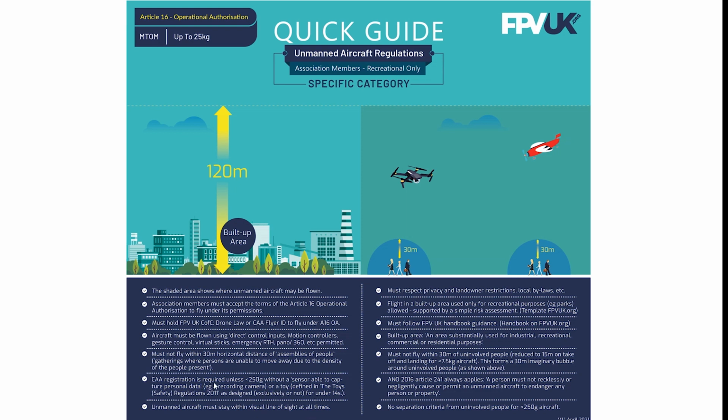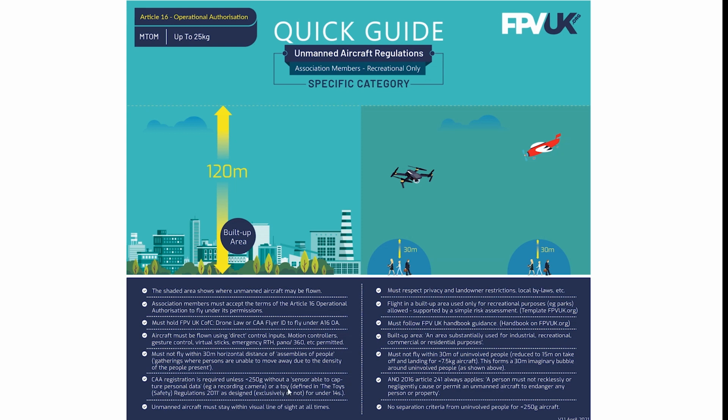This is about registration. CAA registration is required unless the aircraft is sub 250 without a sensor able to capture personal data, e.g. a recording camera. So if it's an FPV drone or model aircraft and it doesn't have a recording facility, you're purely using the video with which to fly the aircraft, then you don't need to register with the CAA and have an operator ID.